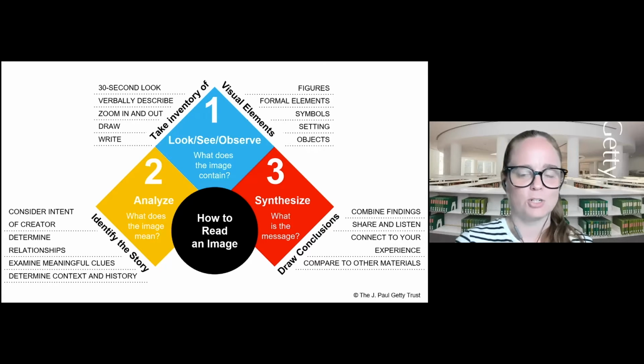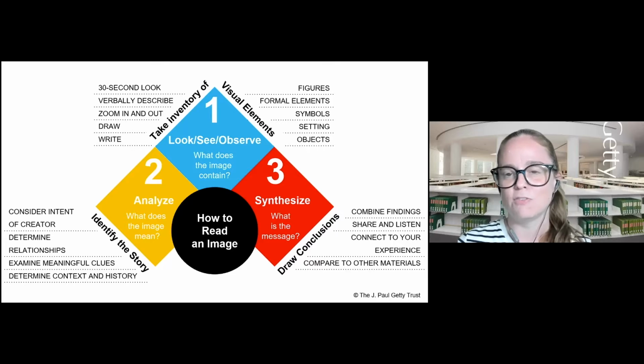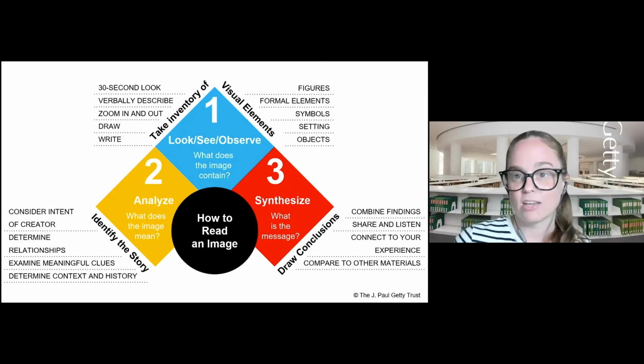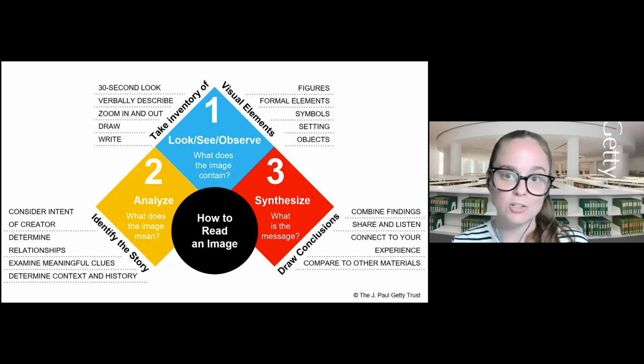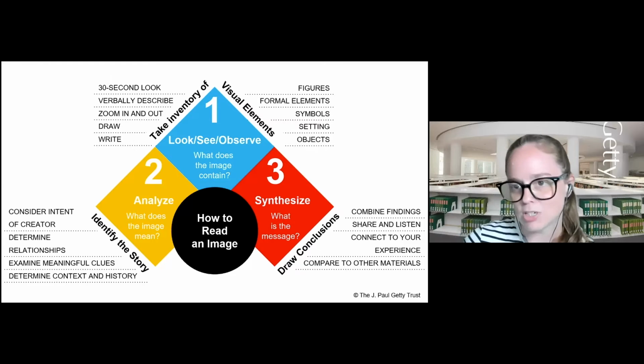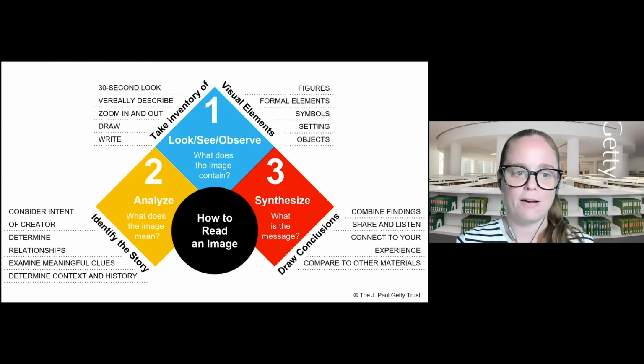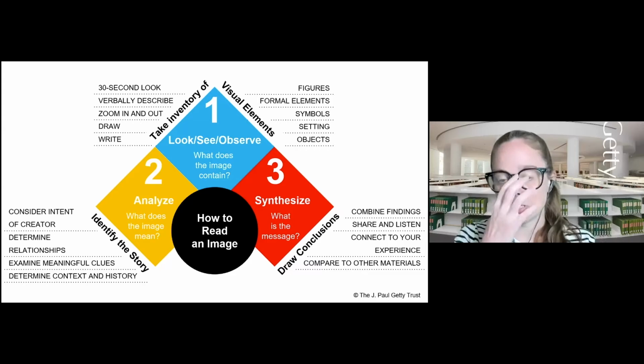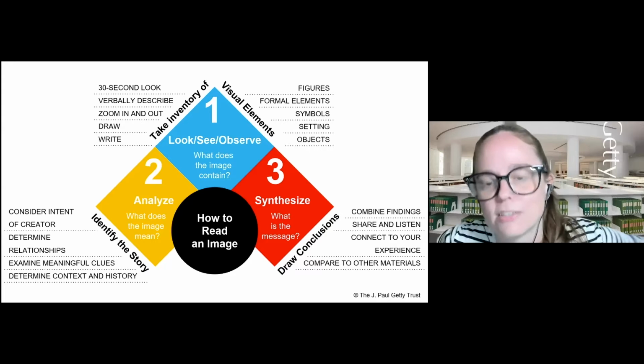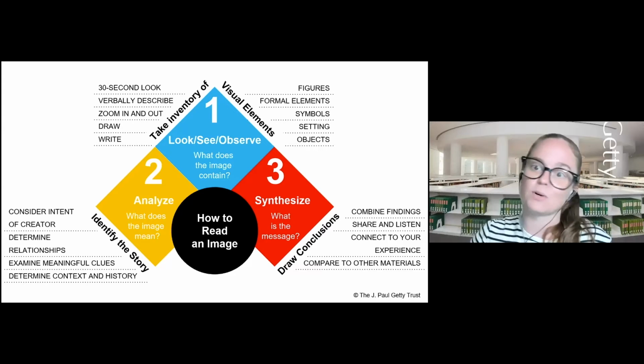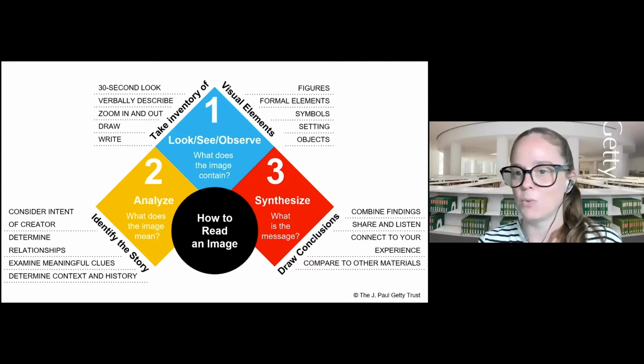Then you can start determining the relationships between the visual elements that you've identified. So are figures talking to each other? What are the figures doing? What objects are they holding? Are some objects bigger than others? Are some figures or creatures or animals, what are they doing?